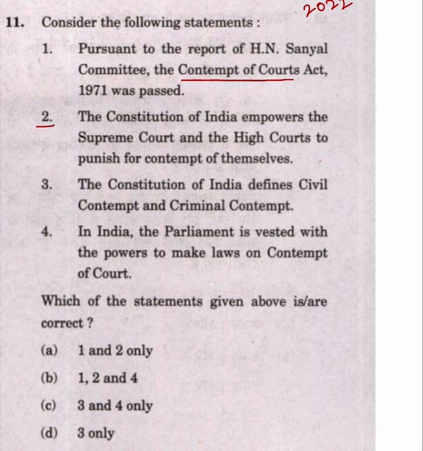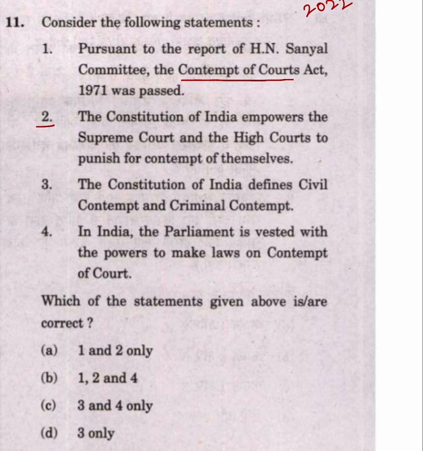The second statement says, the Constitution of India empowers the Supreme Court and the High Courts to punish for contempt of themselves. Here I would suggest to the aspirants that you have to be comfortable with the articles in the Constitution of India, especially on legislature, executive, and judiciary.